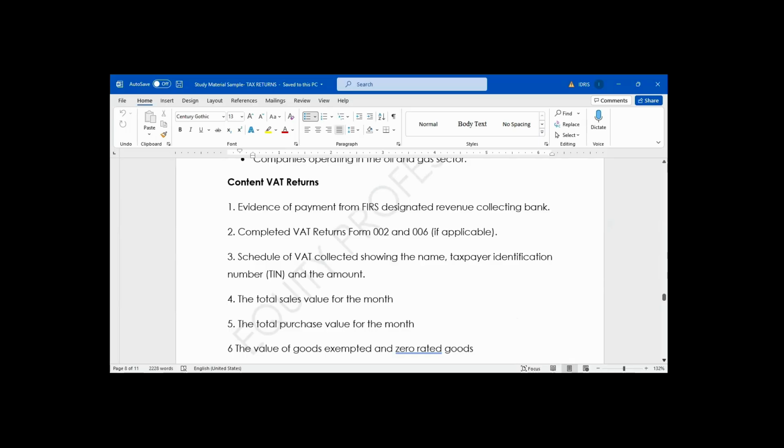While number two content is schedule of VAT collected, showing the name, the taxpayer identification number, and the amount of the VAT.